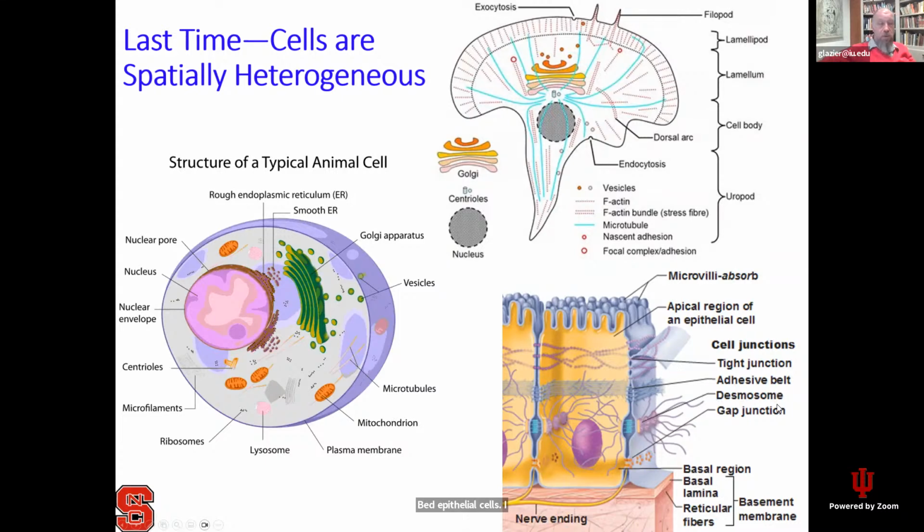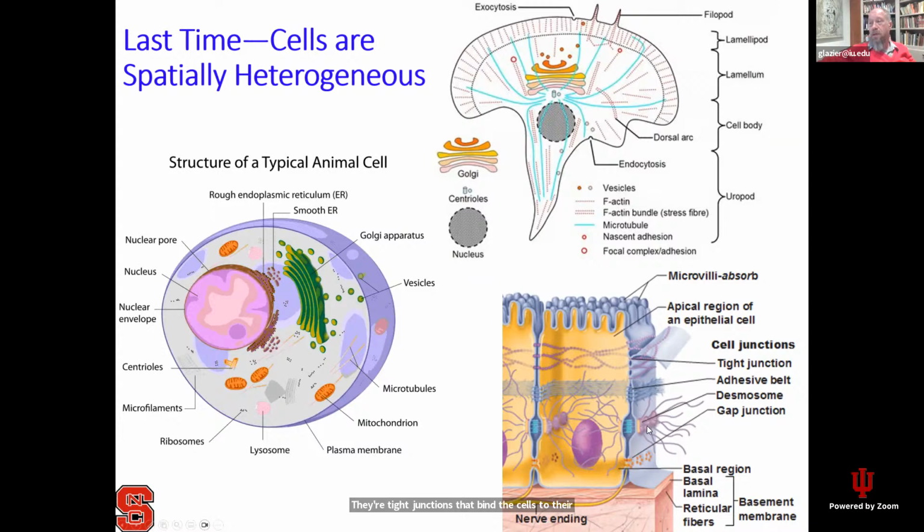This is digging a little bit more into what's happening biologically in epithelial cells. In this case, there are cells that are specialized for absorbing from an extracellular fluid. There are tight junctions that bind the cells to their neighbors.